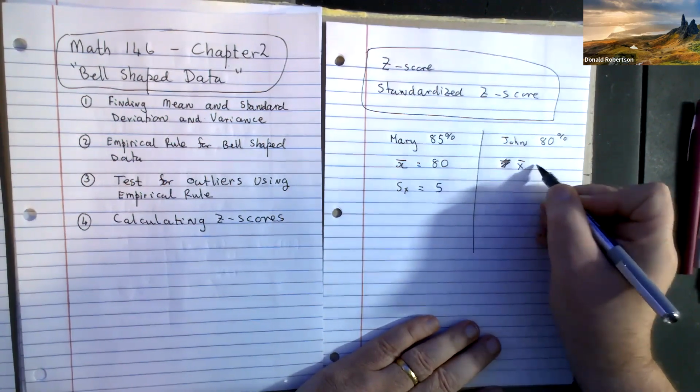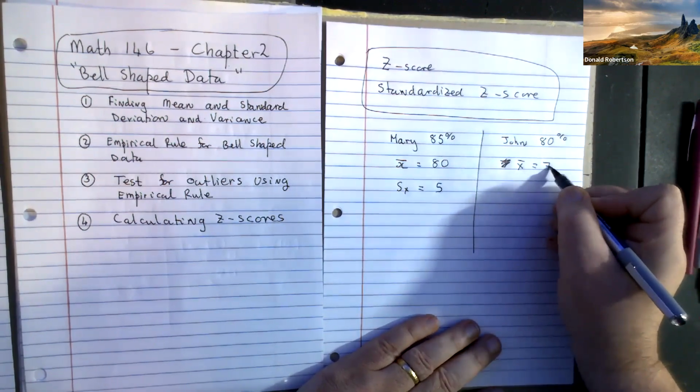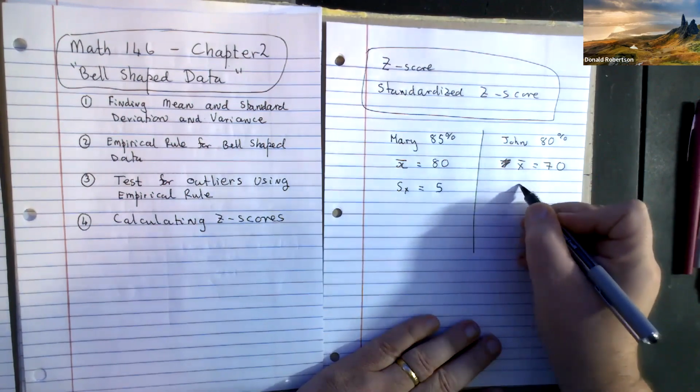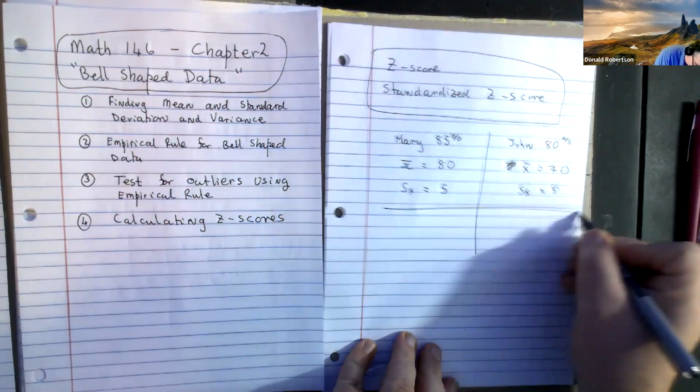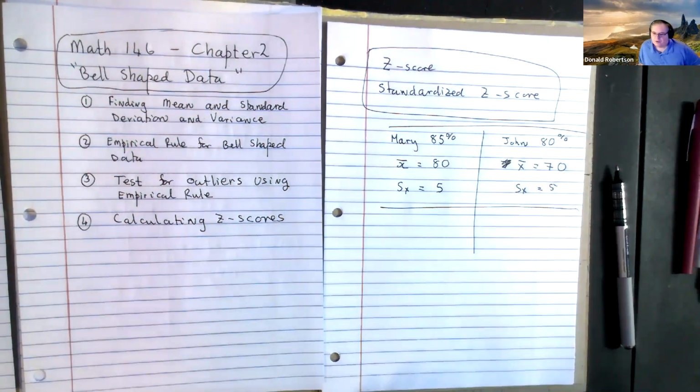John was in a class where the average was 70 and the standard deviation was 5. Now, we'll make the assumption that all other things remain the same. In other words, the people that were in Mary's class were just as intelligent as the people in John's class.